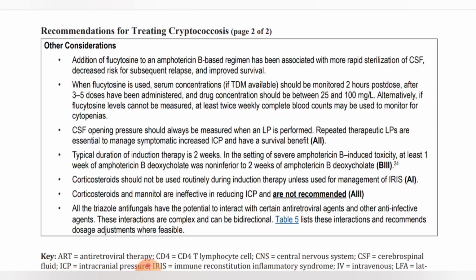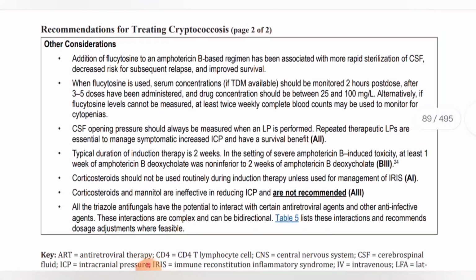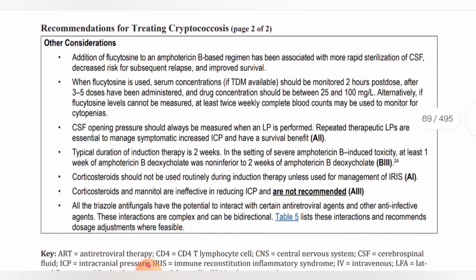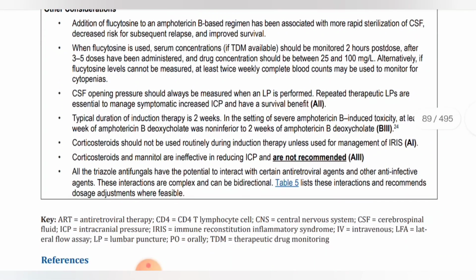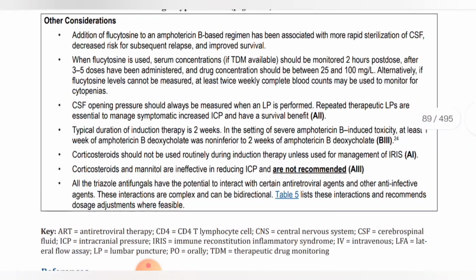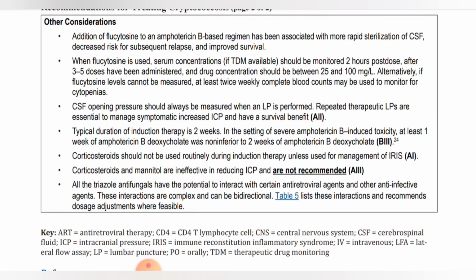If it is not available, you should monitor the patient's CBC. CSF opening pressure is always required in meningitis, because if the pressure is more than 25 mm Hg, you will have to do a therapeutic tap to reduce the raised ICT, as steroids are not indicated in these patients.